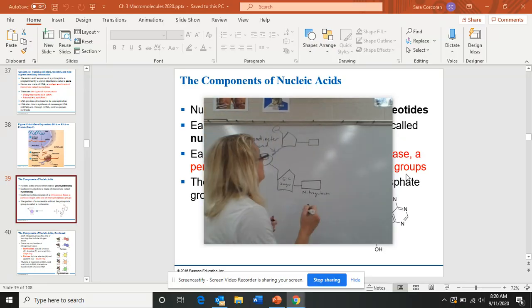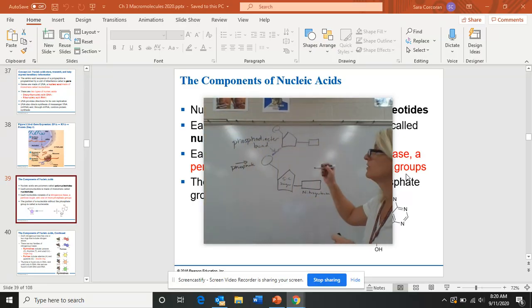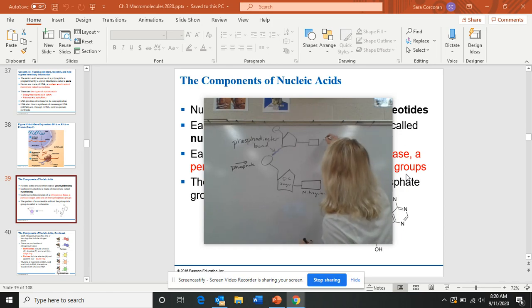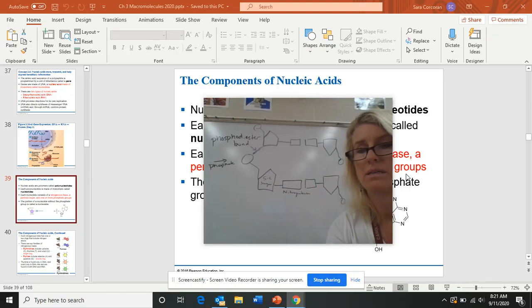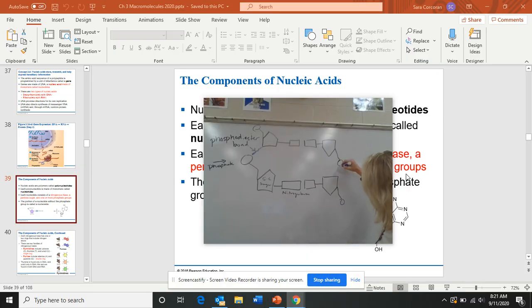So if I were going to draw the other side, give me just a second because it's hard to draw upside down. Okay, so I'm going to draw my other phosphodiester bond between the sugar and the phosphate.